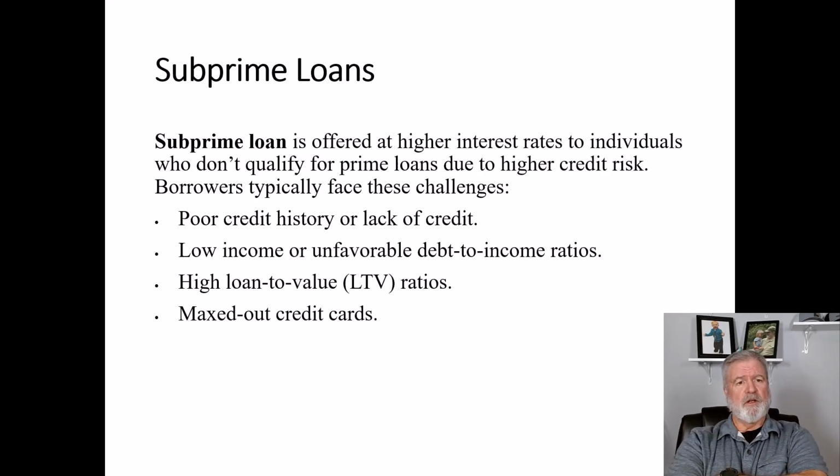All right, then here's something called a subprime loan. I don't even know why these are legal, to be honest with you. It kind of irritates me. But obviously, these are loans made to individuals where the lender basically knows that they're probably not going to be able to pay this loan back.